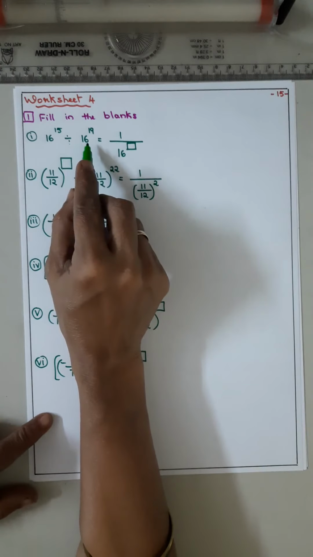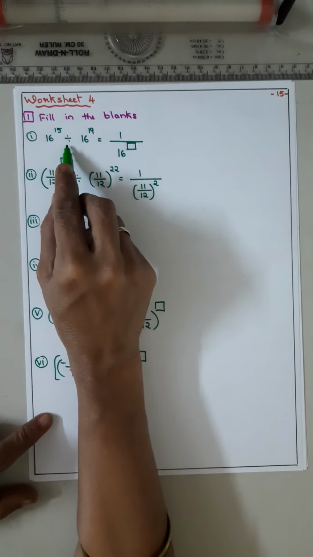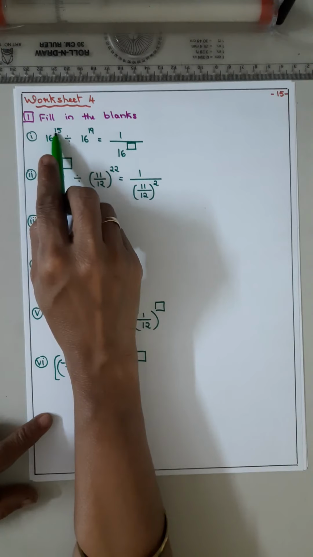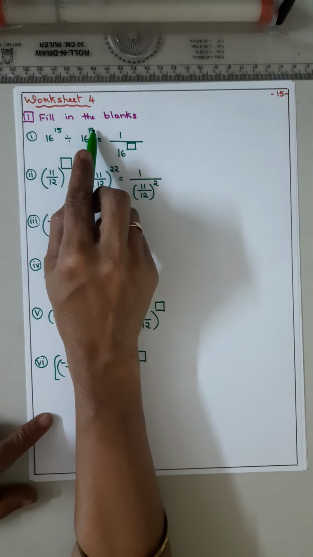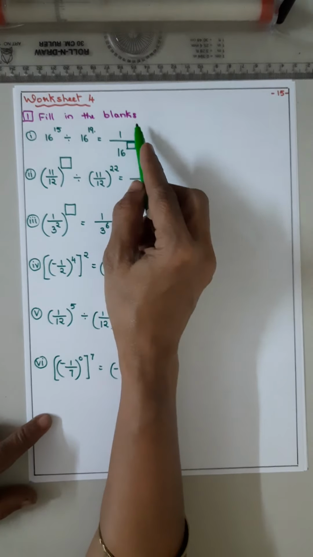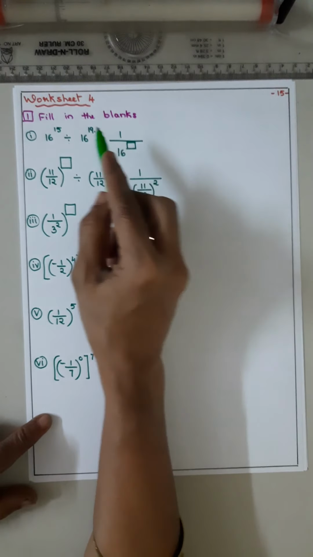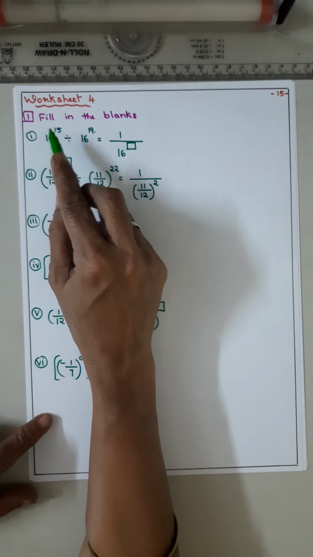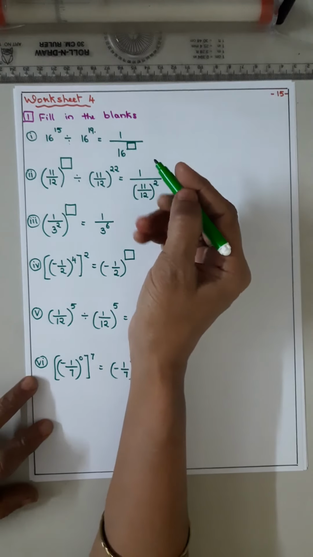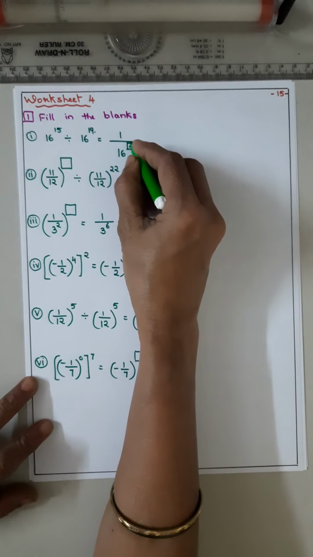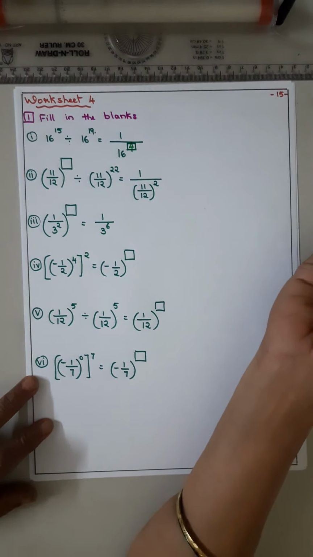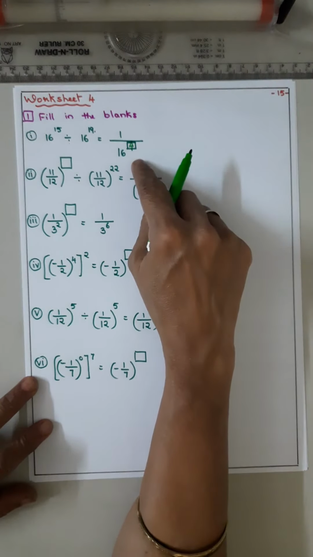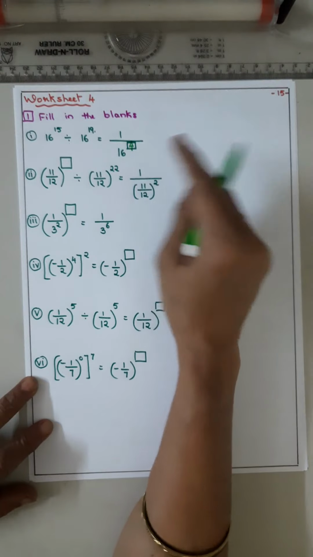Now the bases are same, it is division, but the first power is less than the second one. So what do we have to do? 1 upon the second power minus the first one. So 19 minus 15 will be how much? It is 4. The answer is 1 upon 16 to the power 4.